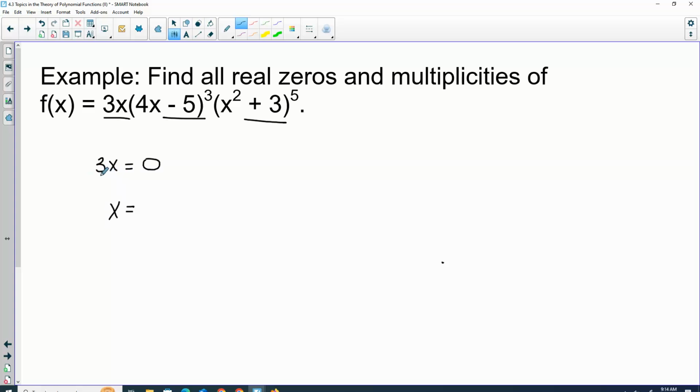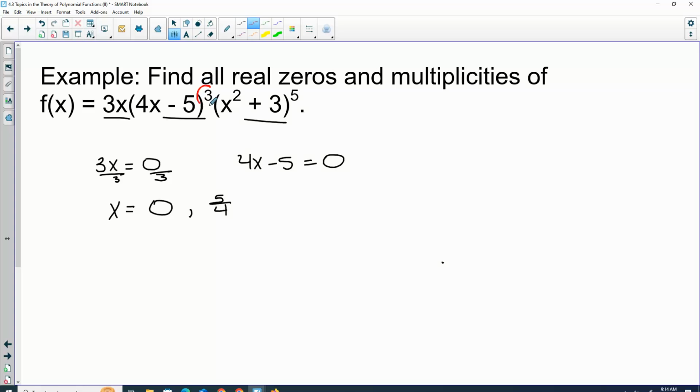Can you guys solve that? Just divide by 3, and we get 0. Okay, look at the next parenthesis. What makes 4x minus 5 equal 0? 5/4.